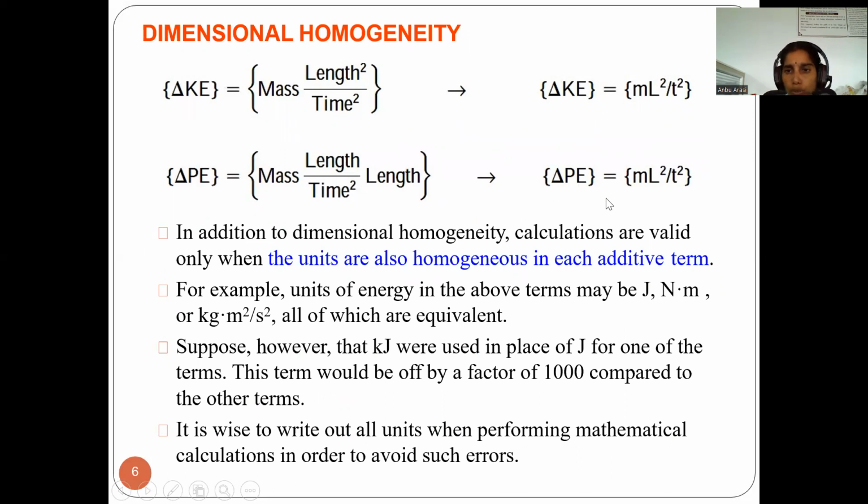That is, delta PE is also M L squared divided by T squared.